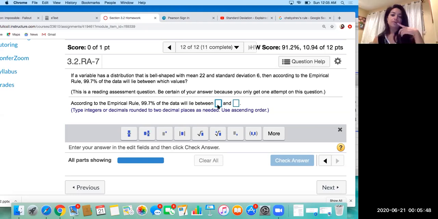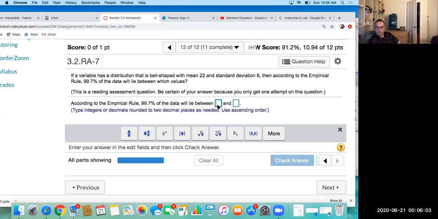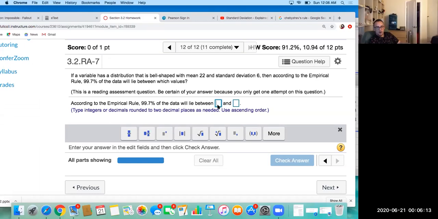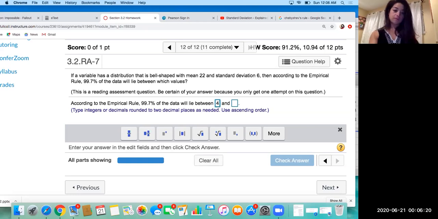Oh, so I add and subtract 18 to 22, because the 22 is the mean. Right. So, yeah, you're right. 4 and 40.